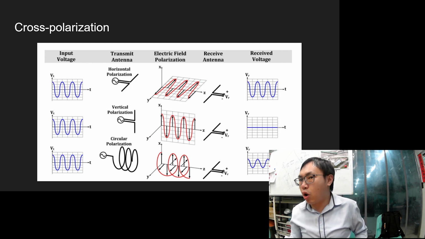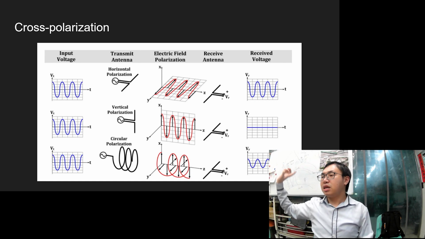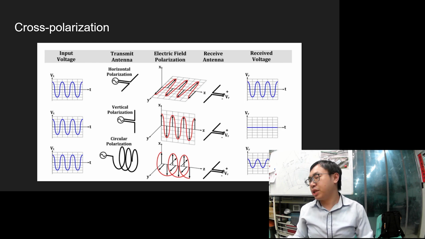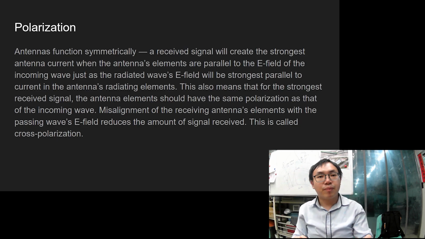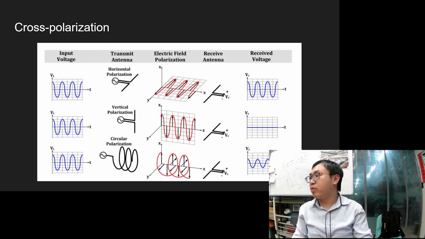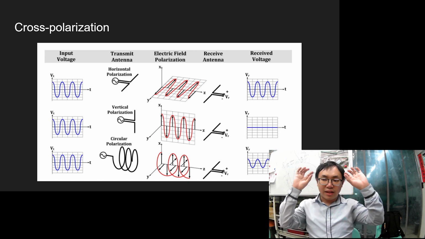Horizontal is the best, but we may not use the best polarization every time. This polarization method may be occupied by others, so we will choose another method. But you know that if the receiving and transmission antennas do not match, the received signal will become weaker and weaker.